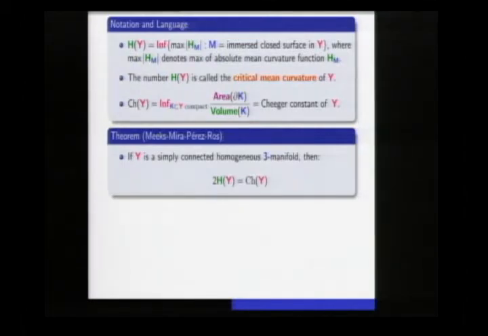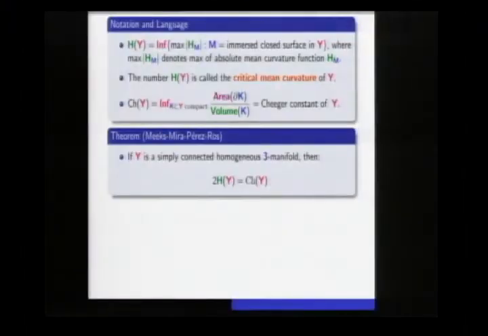Anyway, if Y is a simply connected homogeneous 3-manifold, then you have this nice equality between these two numbers. So, for example, what is the Cheeger constant of hyperbolic 3-space? You might want to think about what Lie group hyperbolic 3-space is. Once you know the Lie group, at least in the case of a semi-direct product, it's pretty easy to understand how you get this formula.